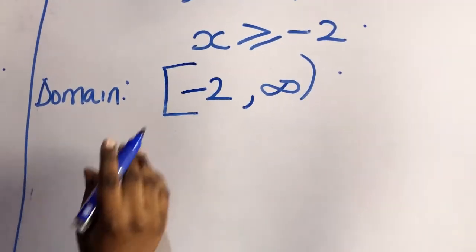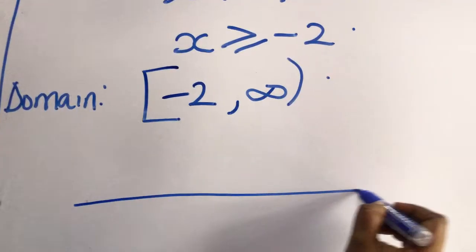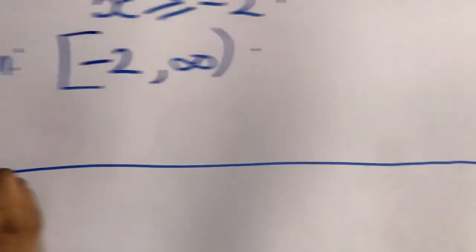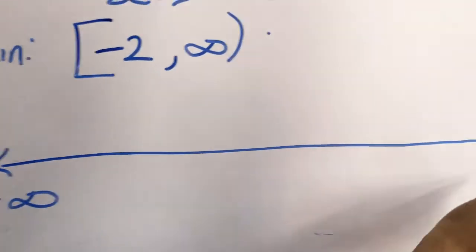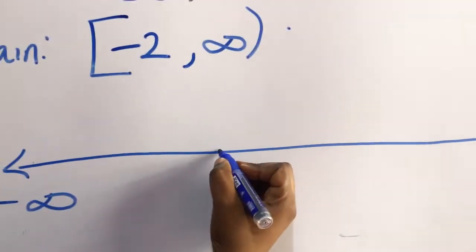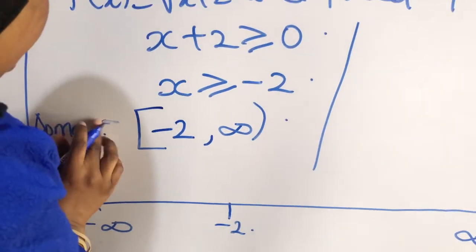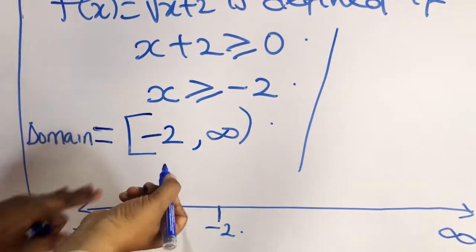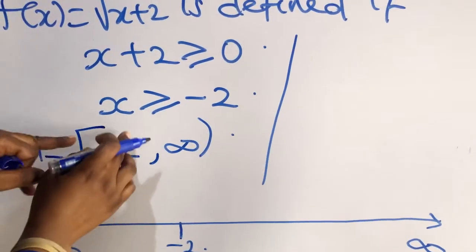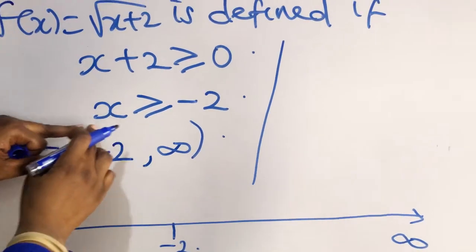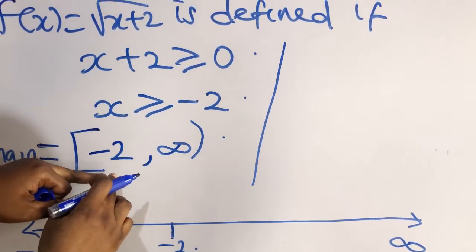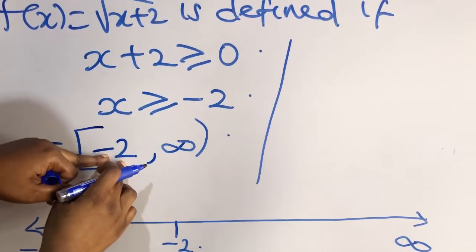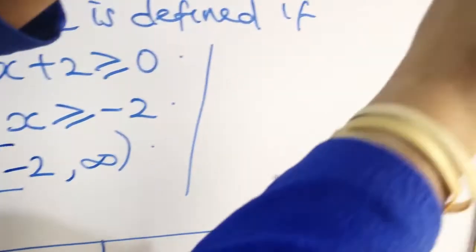How do I get that? We can use the number line. This is negative infinity, and here we need minus 2. This one is supposed to be equal to, that is, the domain will have a closed bracket, that is, it cannot go beyond. It will be starting from here, then upward.